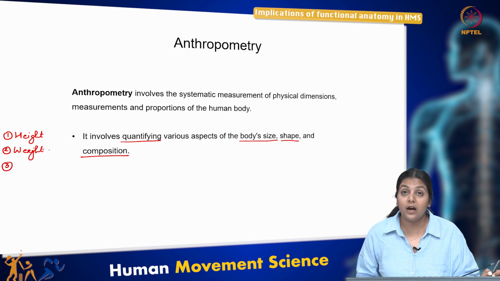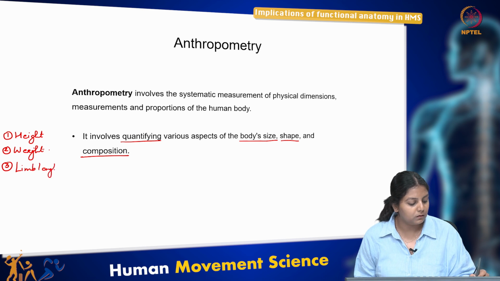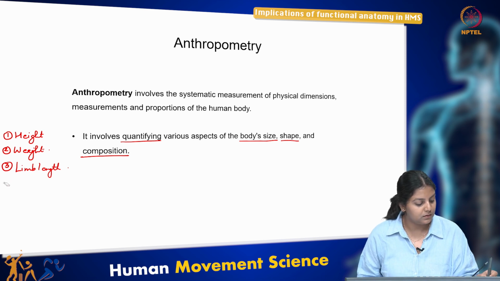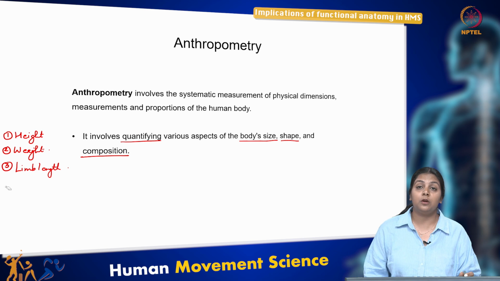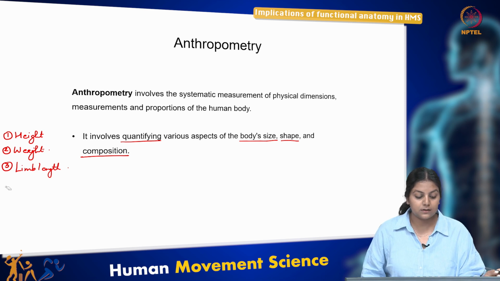And if you're doing any kind of 3D analysis, you will also be requiring limb length measurements. So these are some of the key measurements that we require when we do biomechanical analysis.